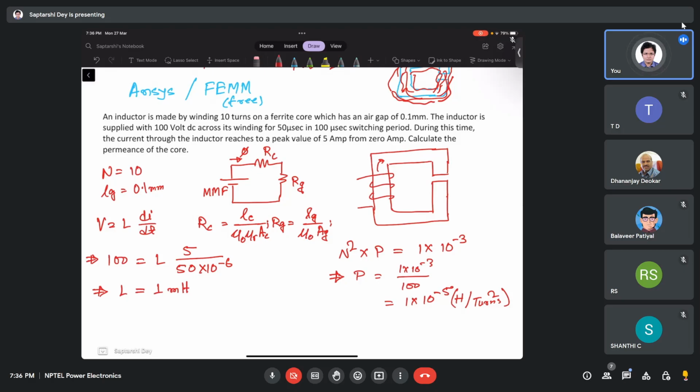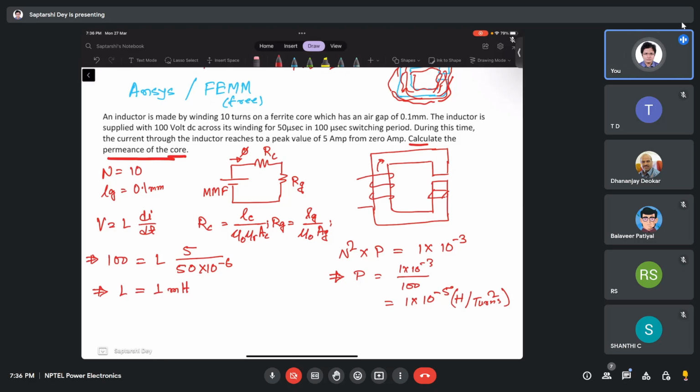See, the question says the permeance of the core, but they do not give any data about the cross section area of the core, right? So the permeance that they want to know here is definitely the overall permeance seen by this winding, not only by the magnetic material.